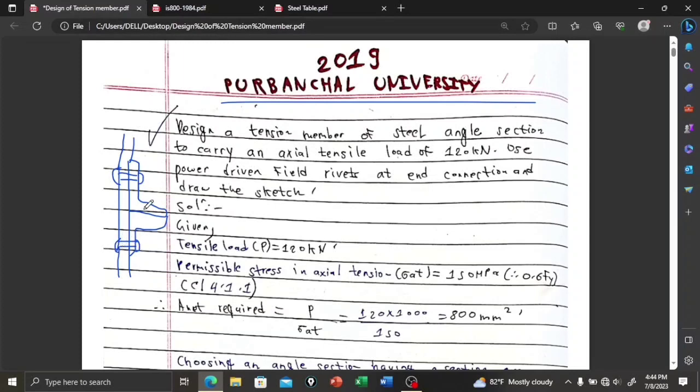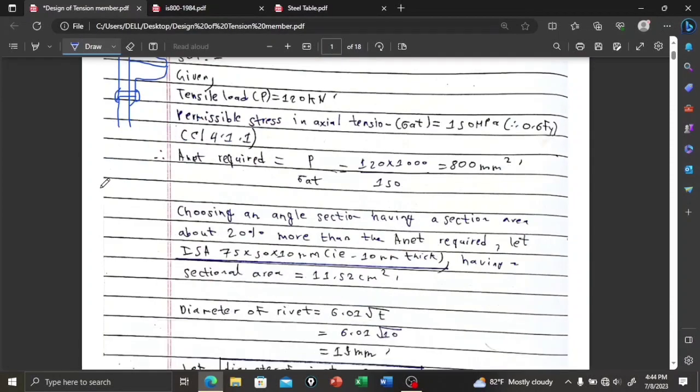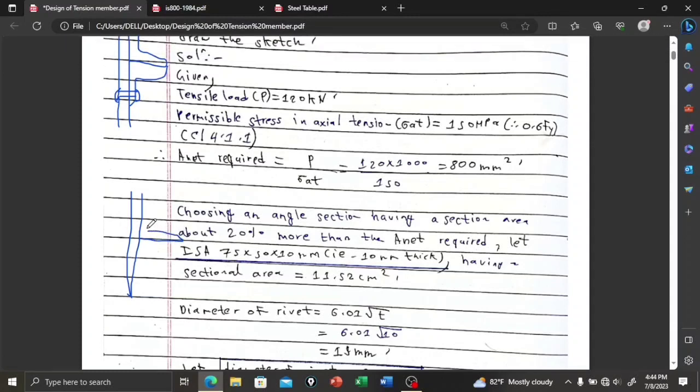This is the second case, and in the third case, the angle is connected on both sides of the gusset plate.